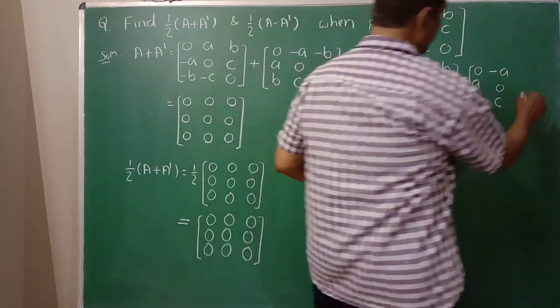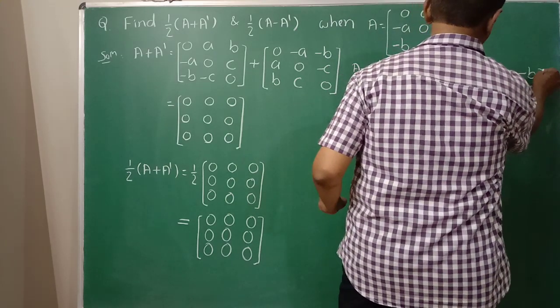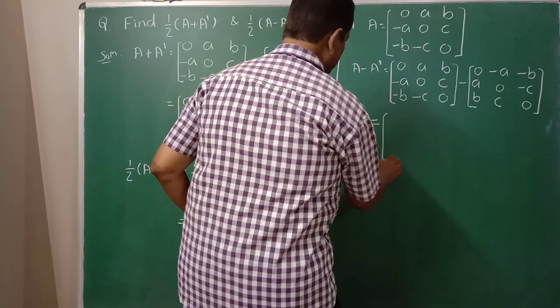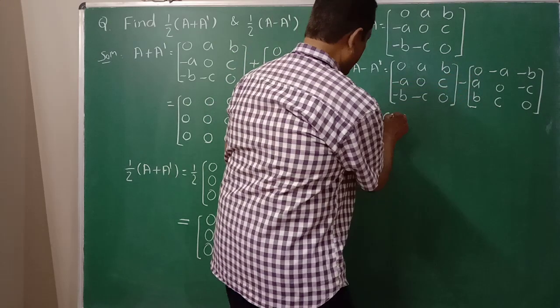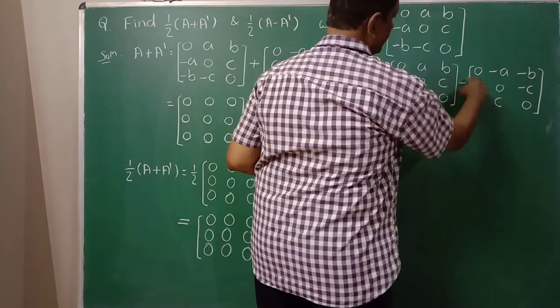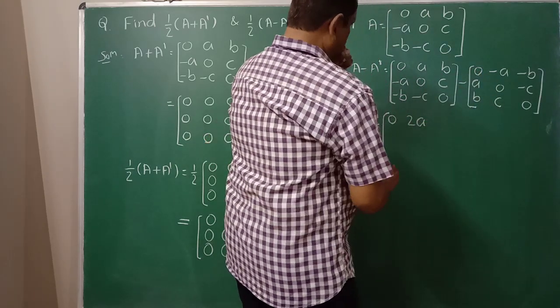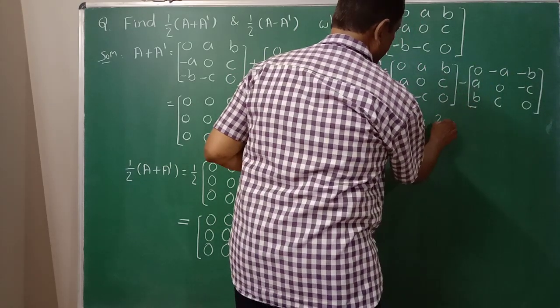Then this is equal to, here 0 minus 0 becomes 0. Then a minus of minus becomes plus, a plus a becomes 2a. b minus of minus becomes plus, b plus b becomes 2b.